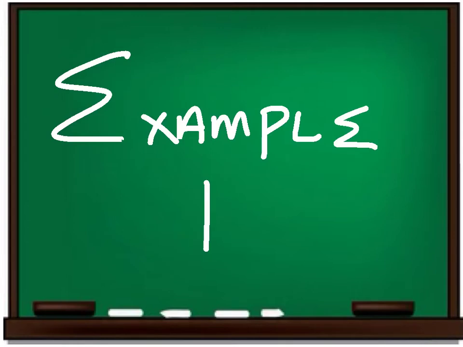Example 1. We have the old license plate system, which is 3 letters, and then you would have 3 numbers at the end, separated by a dash. That is the old system.